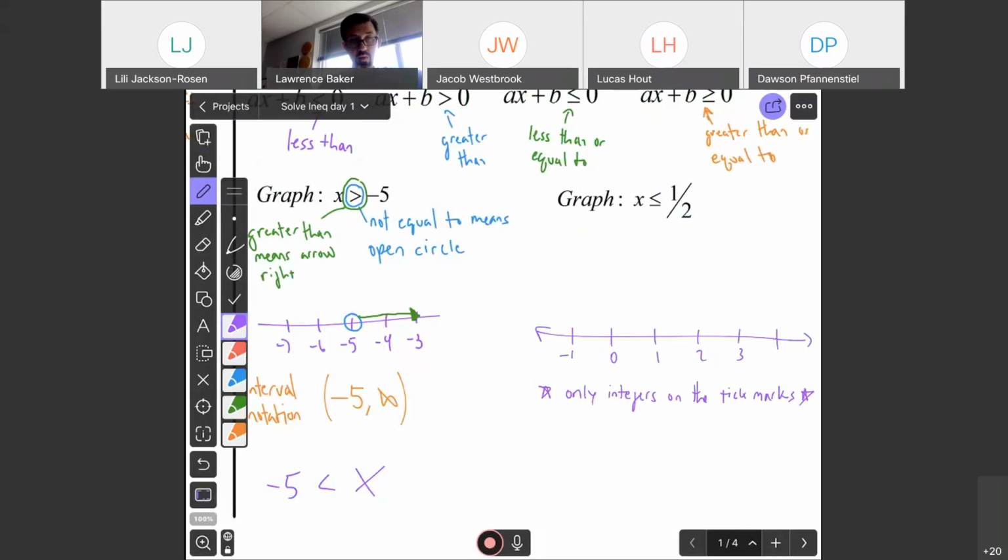Okay? So with a fraction, we want to talk about 1/2. And because it's equal to, that means we're going to do a closed circle.